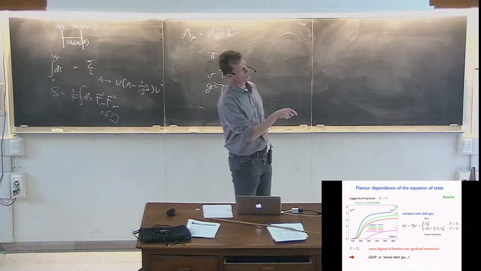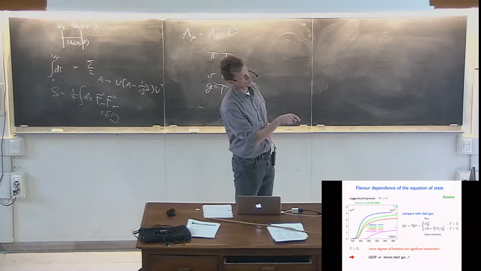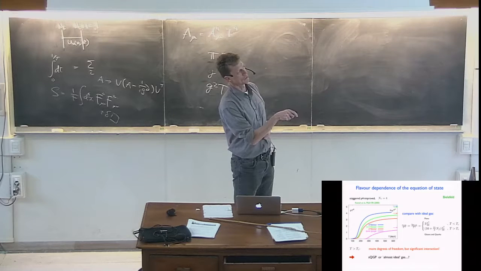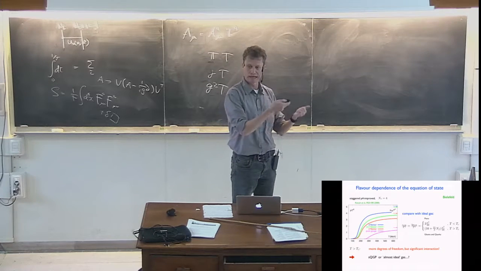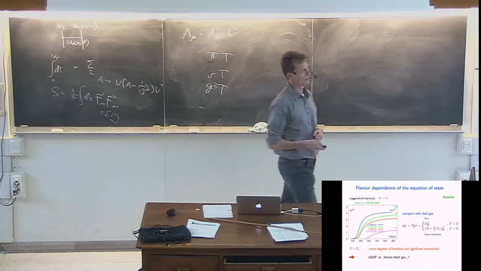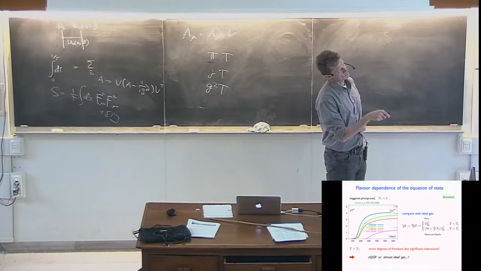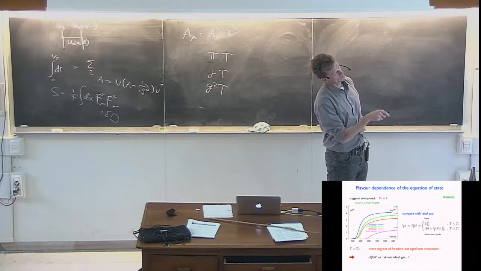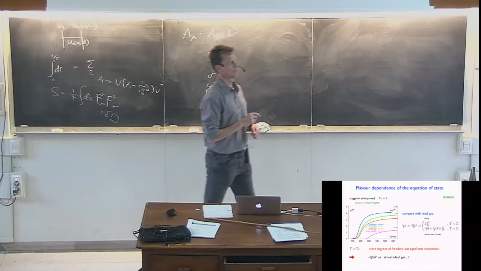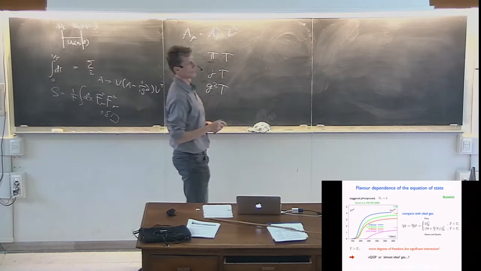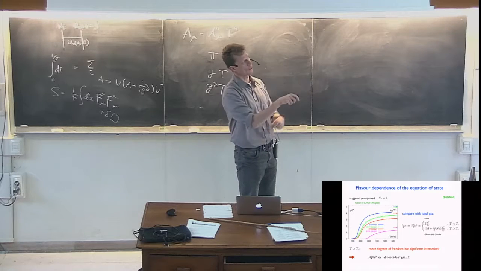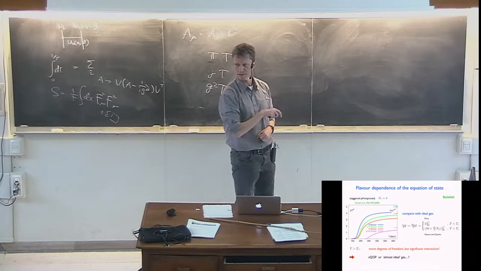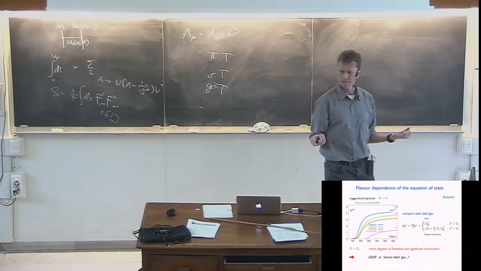Now you can sit, for example, at a fixed temperature and walk through the curves, and you can clearly see that the pressure goes up as you add light degrees of freedom. So the interpretation, if I sit at one fixed temperature and I count the curves, I see my pressure goes up as I increase the number of light degrees of freedom. If I turn this argument now and read one curve from left to right, I have the same interpretation.